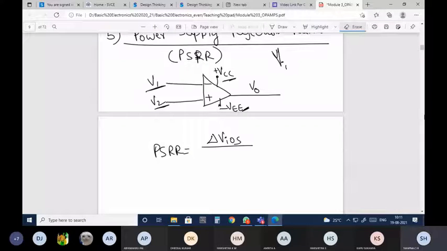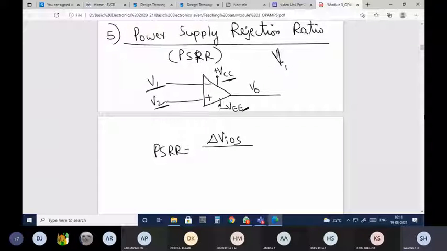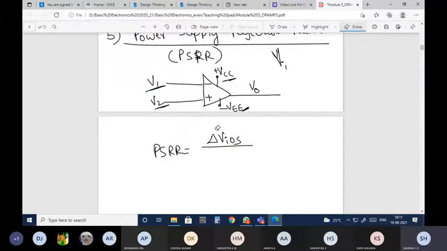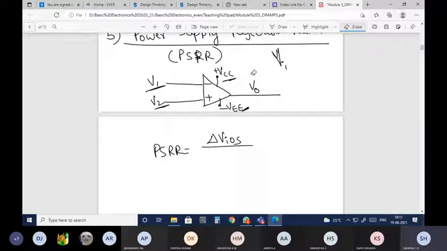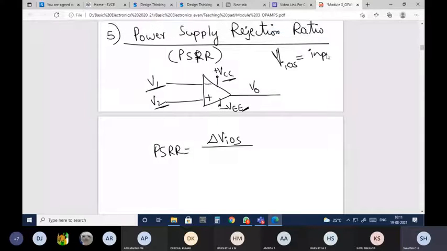Okay, so PSRR: it will tell us what is the change in the VIOS. VIOS is nothing but the input offset voltage.